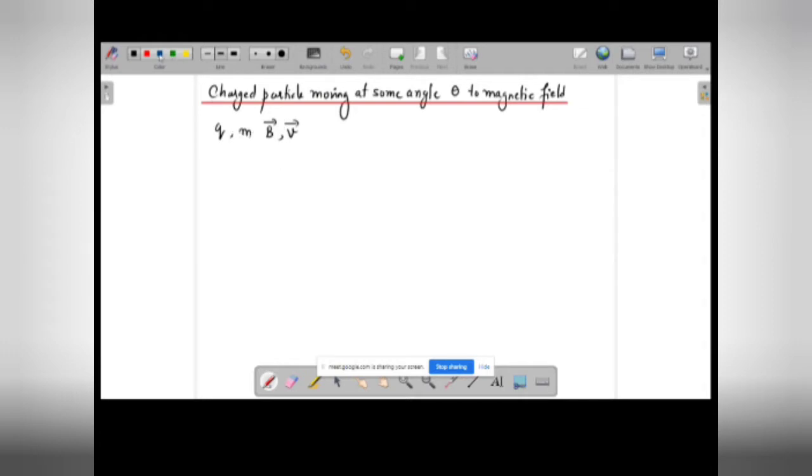Okay, so let's draw this in a coordinate system. We'll draw x, y and z axes and then mark the things. So let's say this is my coordinate system, something like this. This is my y axis, this is x axis, and this is z axis. Let's say that the magnetic field is along the x axis. So let me draw it over here.